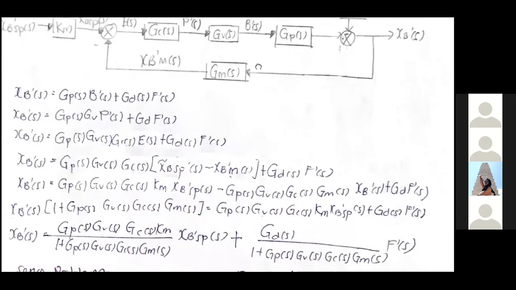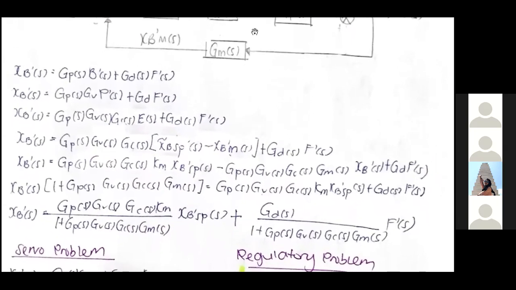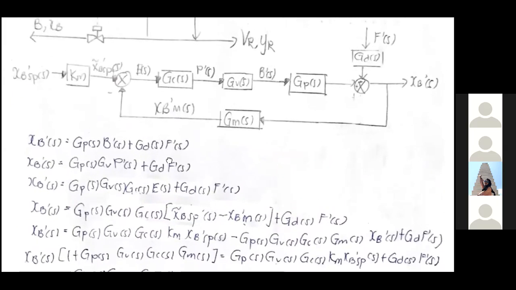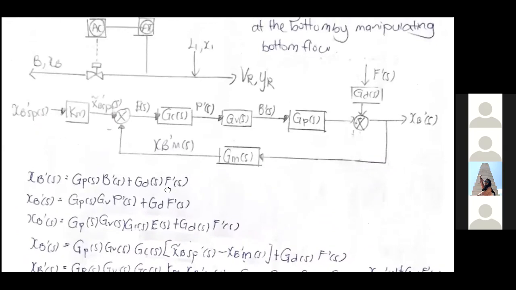I'm Chai Hong. I will move forward to the transfer function of the bottom column. When we want to derive the transfer function, we first start with the process. The process is this part.